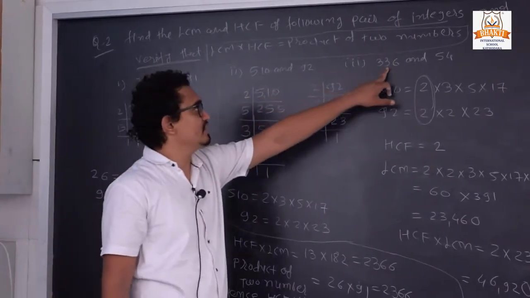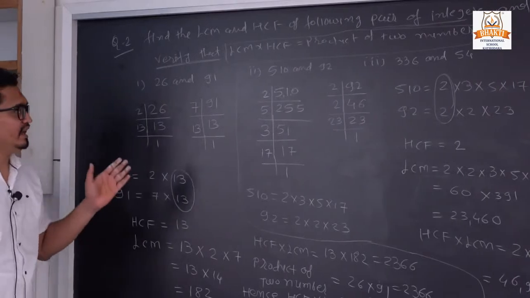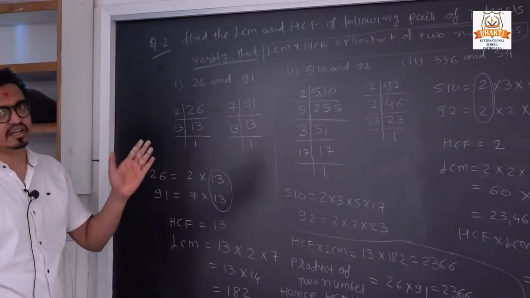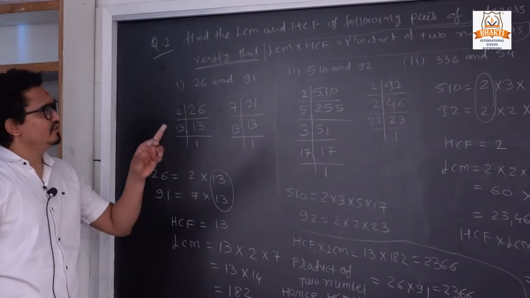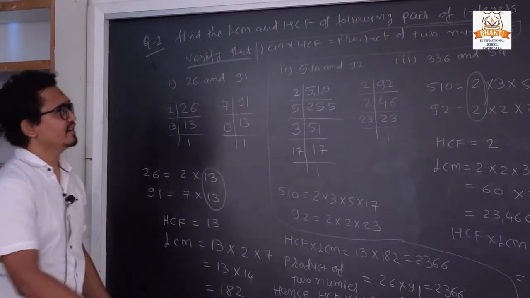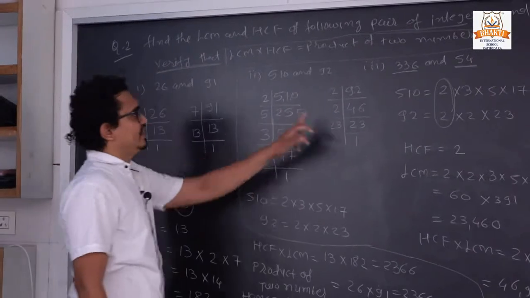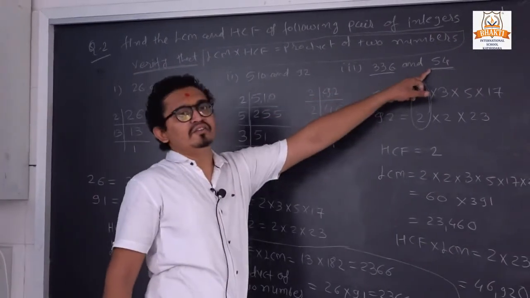the question number 3. So question number 3 is the same method as question number 1 and 2. First of all you can find out the prime factorization of 336. Then you can also find the prime factorization of 54.